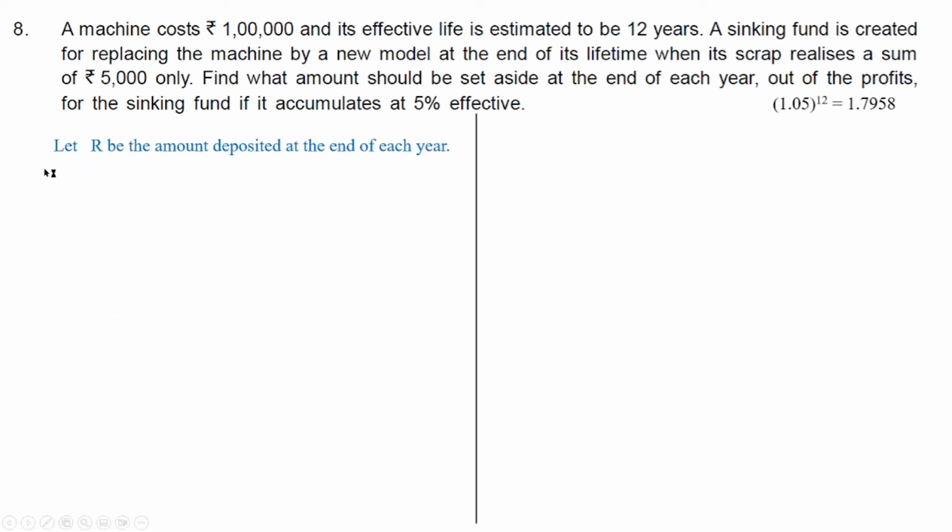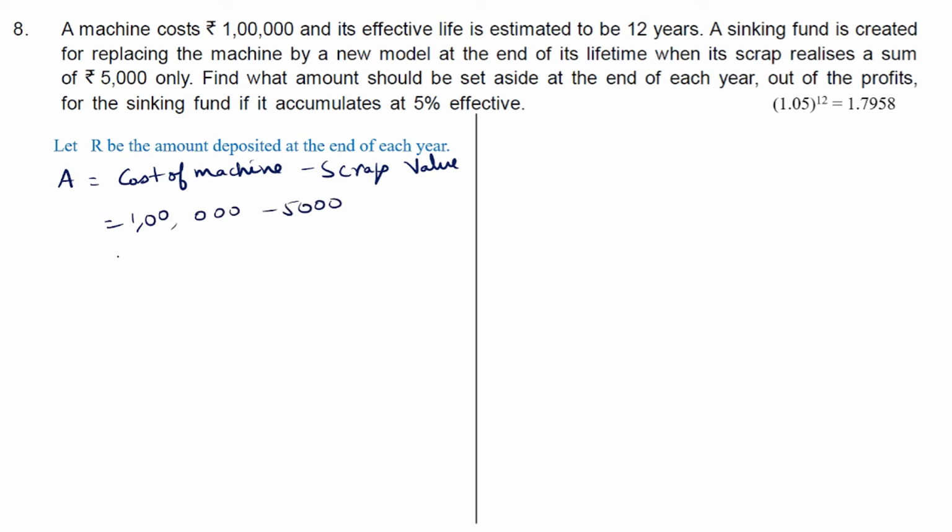So let R be the amount deposited at the end of each year. So A will be 1 lakh, or let us write cost of machine minus scrap value. So it is 1 lakh minus 5,000, which is 95,000.